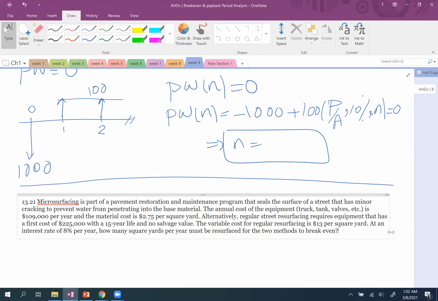So the annual cost is given per year. The material cost per square yard is also given.